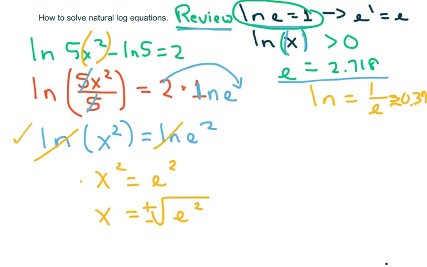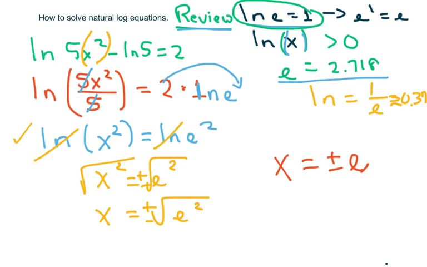When you square root both sides, you have to do plus and minus. And when I square root e squared, that's just e. So my answer is x equals plus or minus e. Both of these work, because when you plug in negative e, you square it out and the negative turns positive.